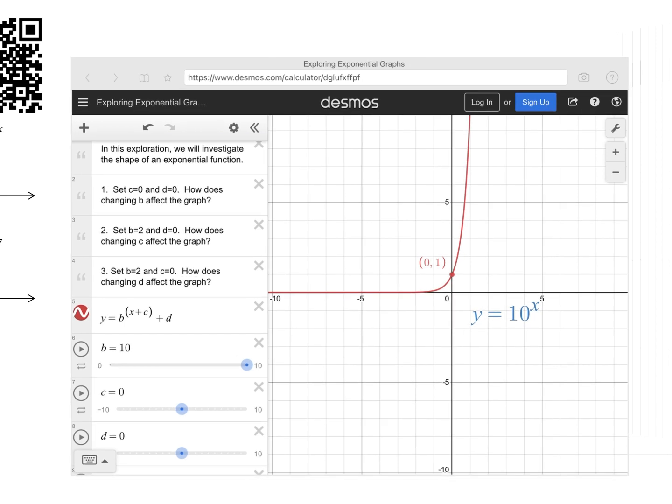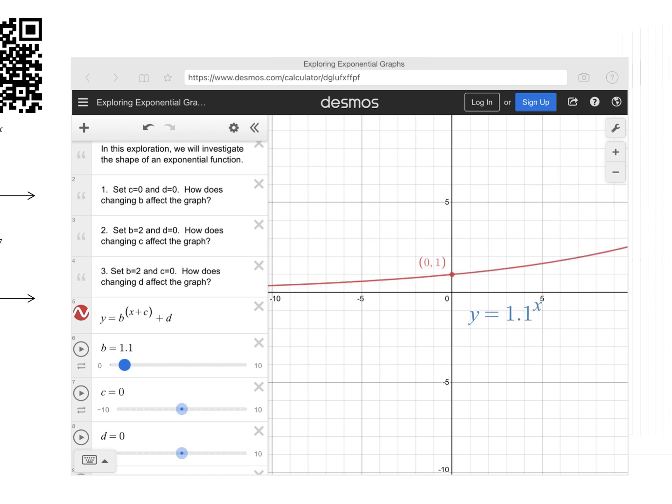What happens when we get smaller? Let's go down to 2. That's 2 to the x power. And as we get smaller, notice it's getting less steep. There's 1.5 to the x right there, and then we're getting less steep, less steep, less steep.